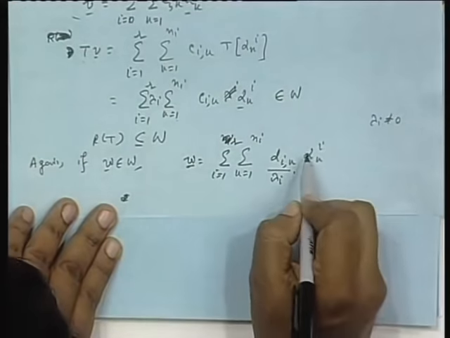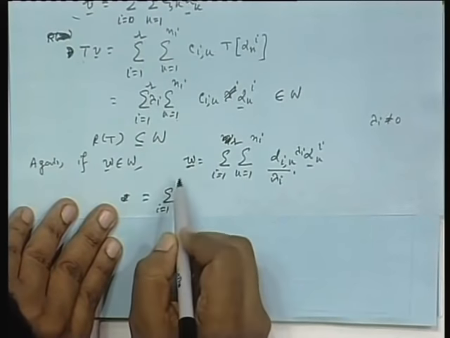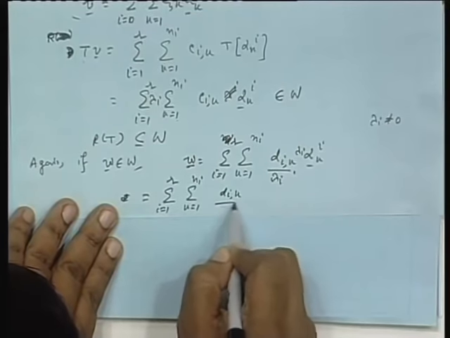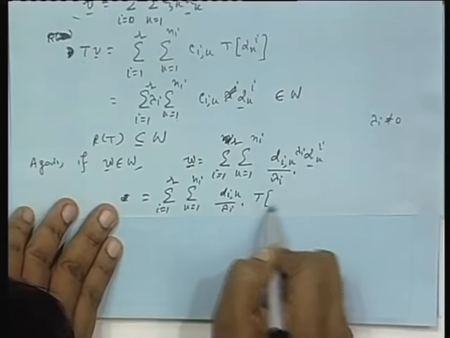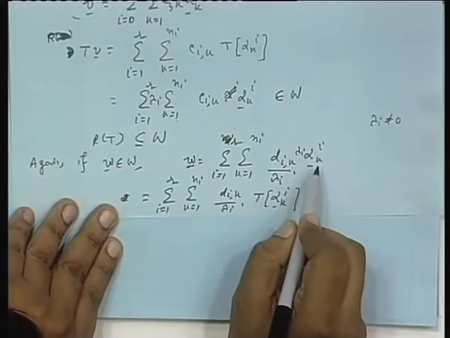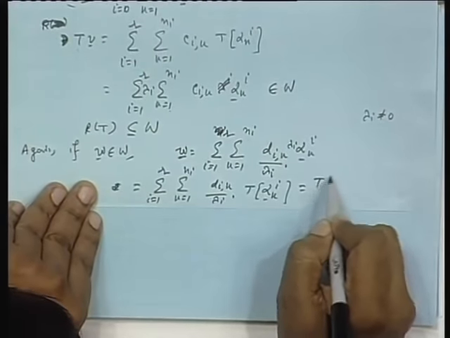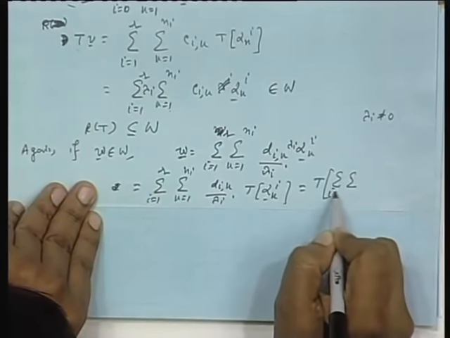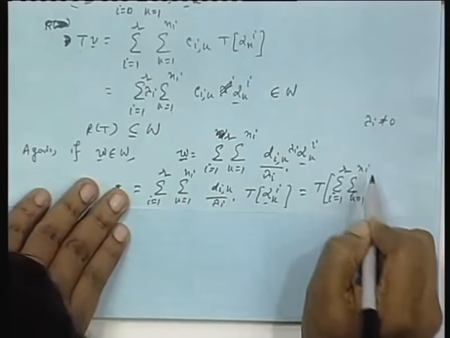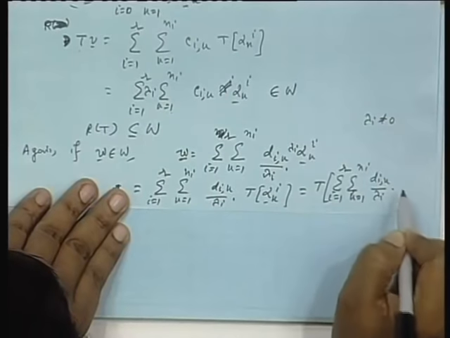So I can divide by lambda I and multiply by lambda I, and therefore I can write it as the sum over I equal to 1 to r, k equal to 1 to n I, d I k by lambda I, T working on alpha I k, because T working on this will give you the same vector alpha I k, multiplied by the corresponding eigenvalue lambda I. Then using linearity, T can be taken outside the summation, these scalars times this vector.